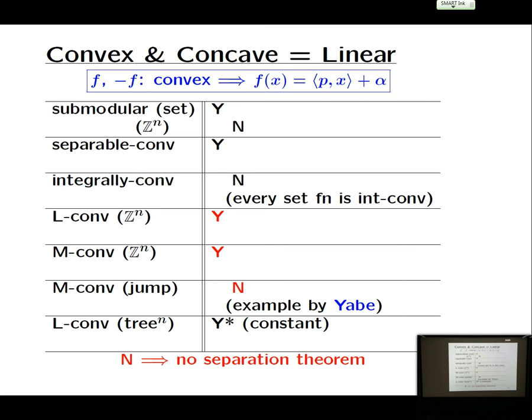First, here is a very simple property which I recently looked at. It looks trivial, but is not. Suppose f is convex in some sense, and minus f is convex. That means f is concave. Is it linear?